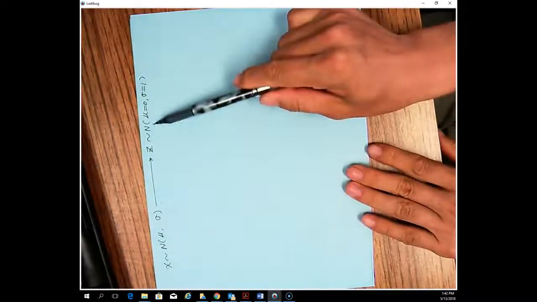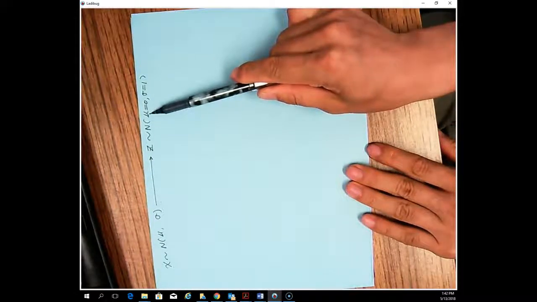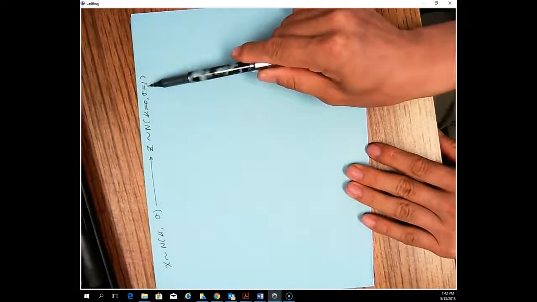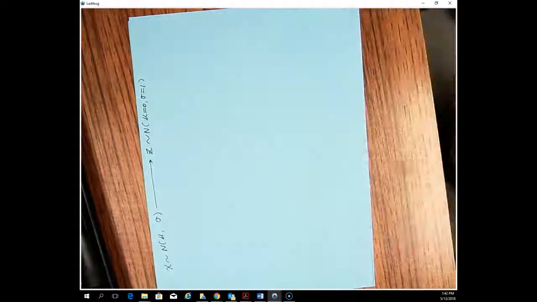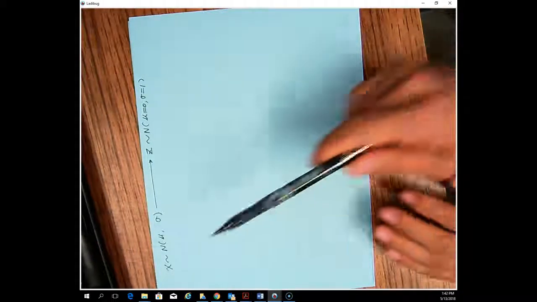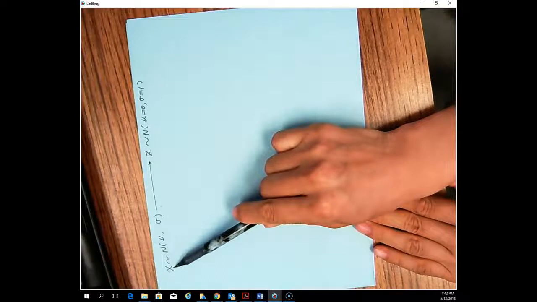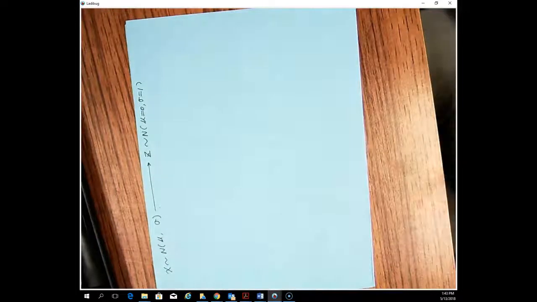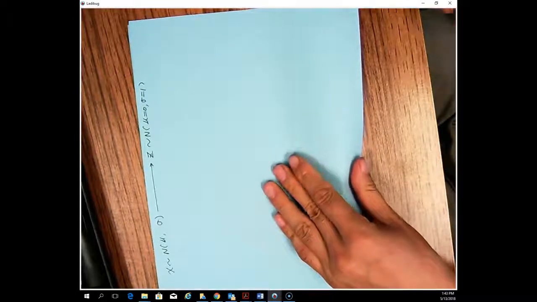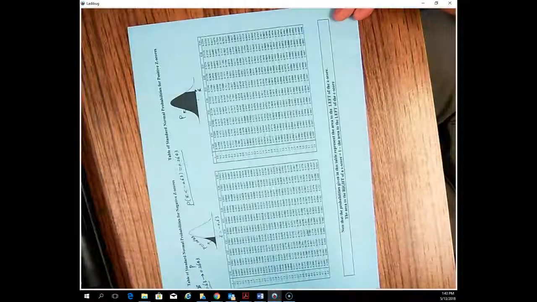So z will have a normal distribution where the population mean mu equals 0 and the population standard deviation sigma equals 1. That's our standardized normal distribution. We call z a standard normal variable. In reference to the regular normal variable x, here is the standard normal variable z. So keep that in mind.